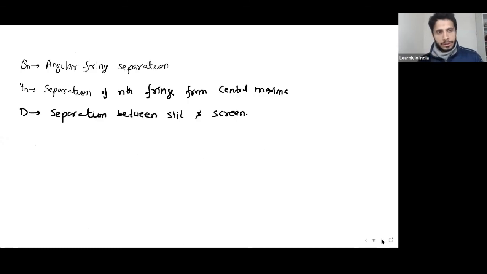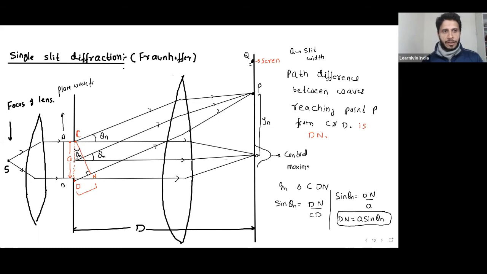Let's call these points A, B, C, D, E. I call this point E, this is O and this is P. In the right angle triangle EOP, you can calculate tan theta n.